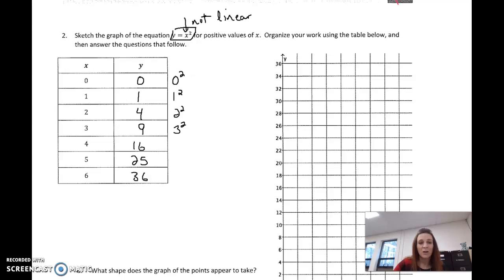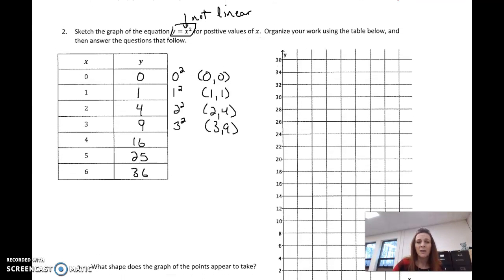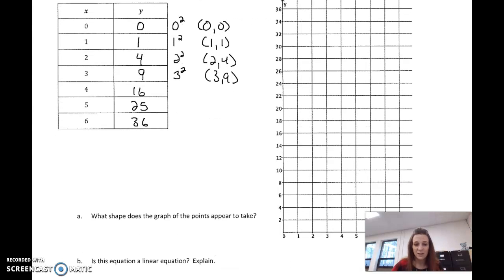Okay, but these, remember, are ordered pairs. This is 0, 0. This is 1, 1. This is our input x value of 2 and our output of 4. This is our input 3, 9. You get the idea. So let's put these on the graph. Okay, here's 0, 0. Here is 1, 1.